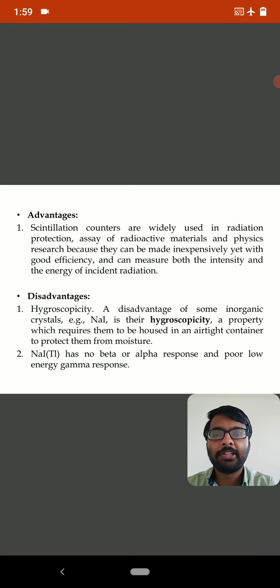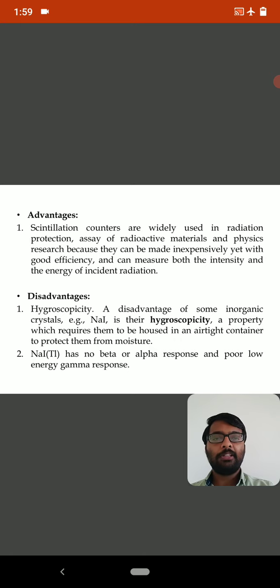So this scintillation detector has certain advantages as well as disadvantages. What are the advantages of the scintillation detector? Scintillation counters are widely used in radiation protection, assay of radioactive materials and physics research, because they can be made inexpensively yet with good efficiency, and can measure both intensity and energy.